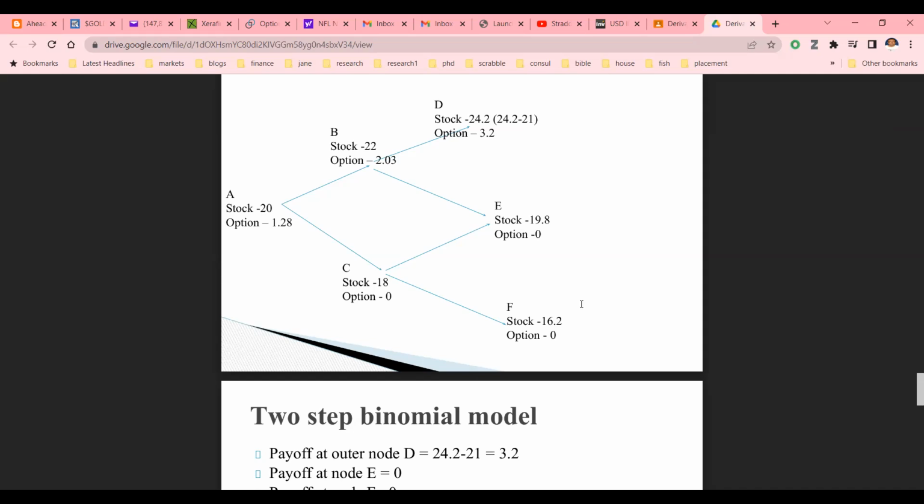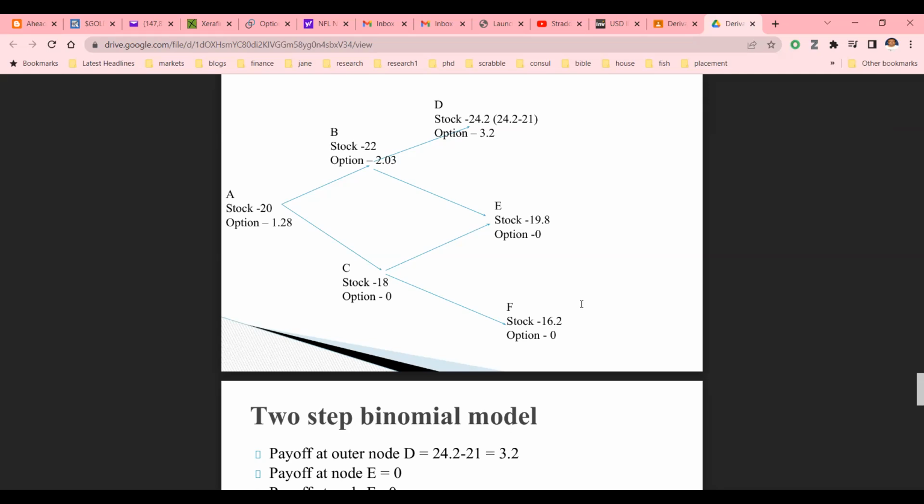So from 20, 10% up is 22, and from 22, 10% up is 24.2. Now is that clear? Yes, no? And from 22, 10% down is 19.8. From 20, 10% down is 18. And from 18, 10% down is 16.2. That is how those numbers come.